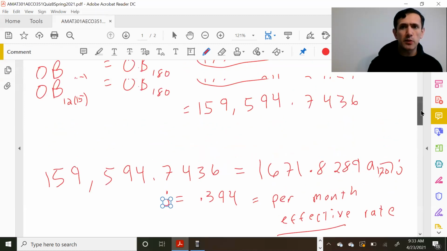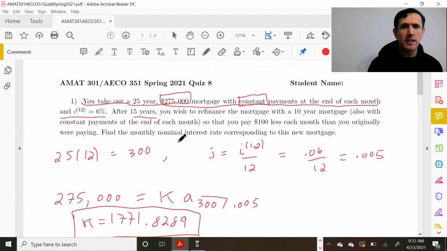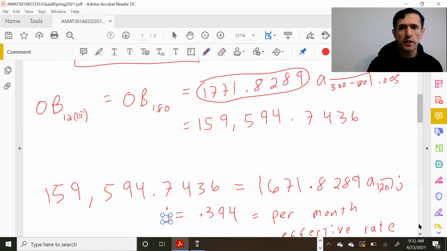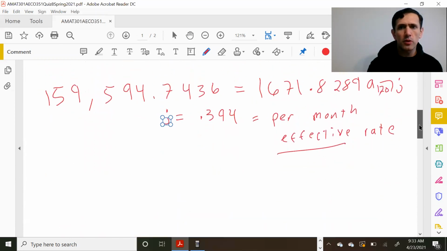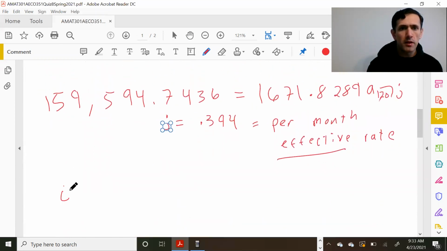I am not asking you for the effective monthly rate. I'm asking you for the nominal monthly rate. I'm asking you for I-12, the I-12 corresponding to this new mortgage. So all you do is multiply by 12.